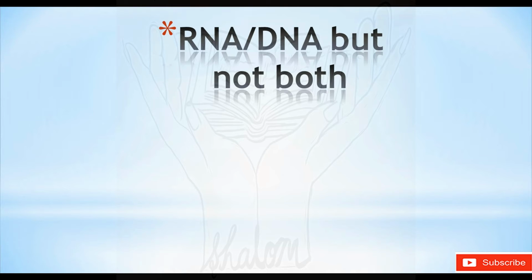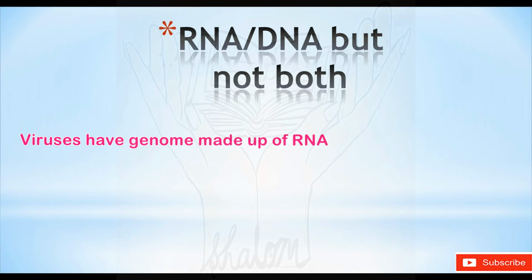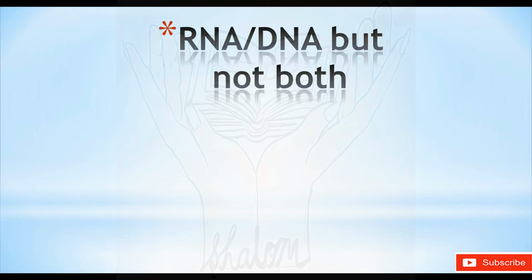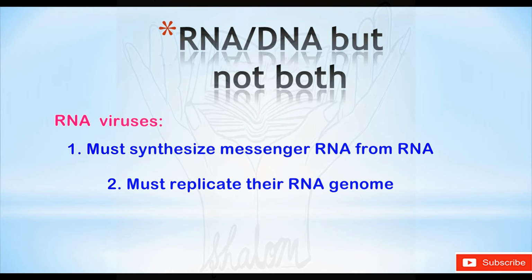There is a peculiar nature of viruses: they are the only form of life that can have genomes made up of RNA, because all organisms store the information to grow or reproduce exclusively in DNA molecules. And RNA is basically transcribed from that DNA. But RNA containing viruses, or we simply call them RNA viruses, are unique in themselves and face some problems because of their genome. It is important that they synthesize the mRNA from RNA itself and must replicate their RNA genome.